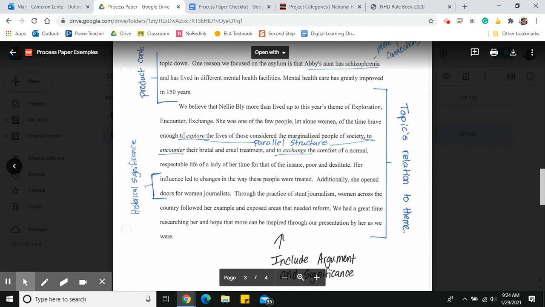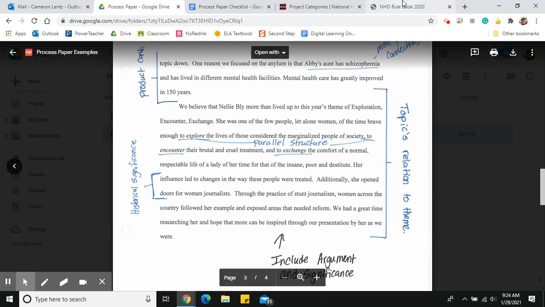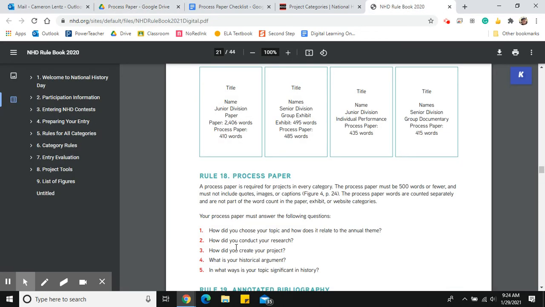Okay, and then in their last paragraph, they kind of talk about the topic's relationship to the theme. So you can knock out several of your questions here in just one paragraph, like relation to the theme, historical argument, and topic significance in history.